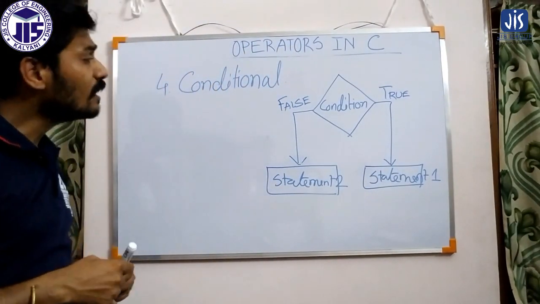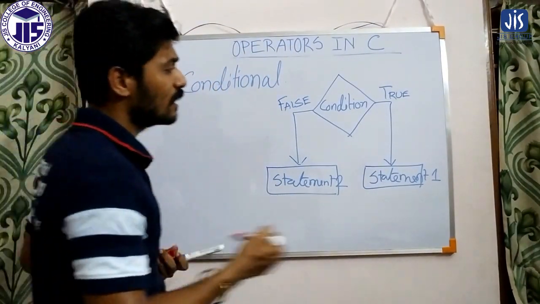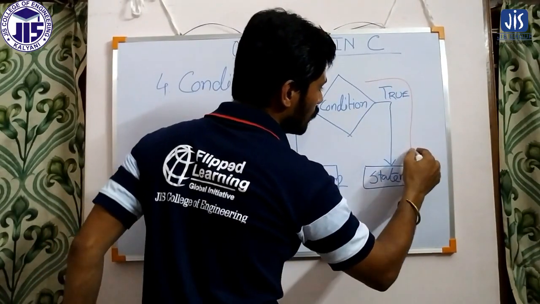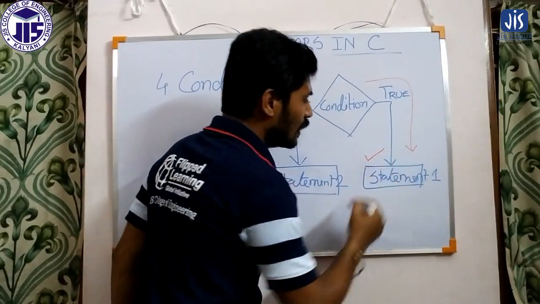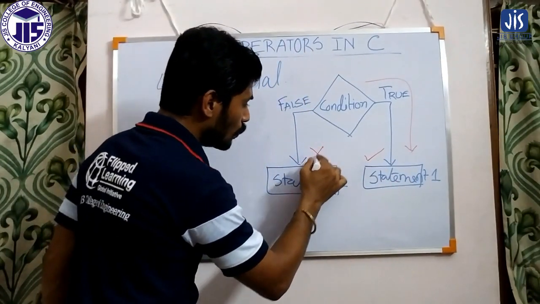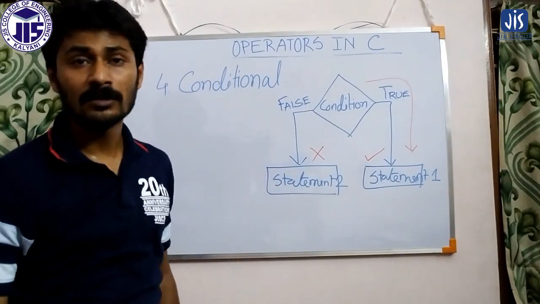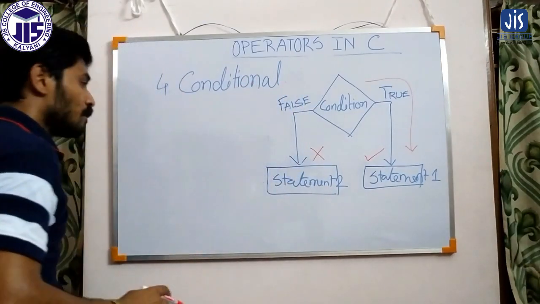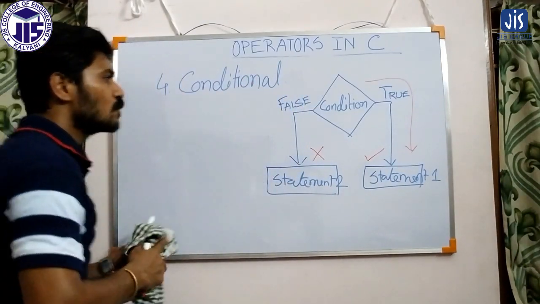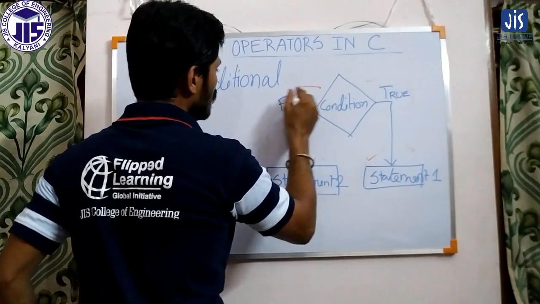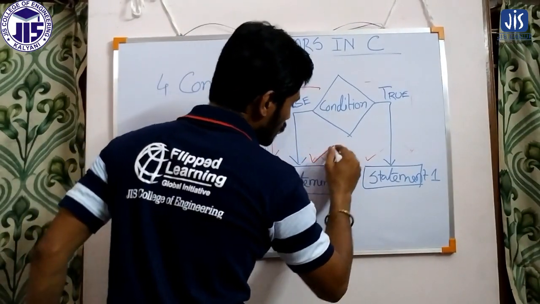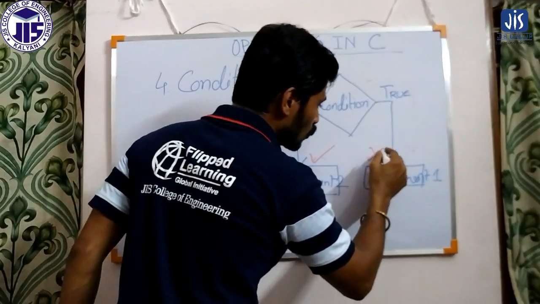Now if the condition is true, then the flow of the program will be this. Statement 1 will be executed and statement 2 will be skipped, it will not get executed. And if the condition is false, just the opposite will happen. That means the flow will be this, so statement 2 will get executed and statement 1 will be skipped.